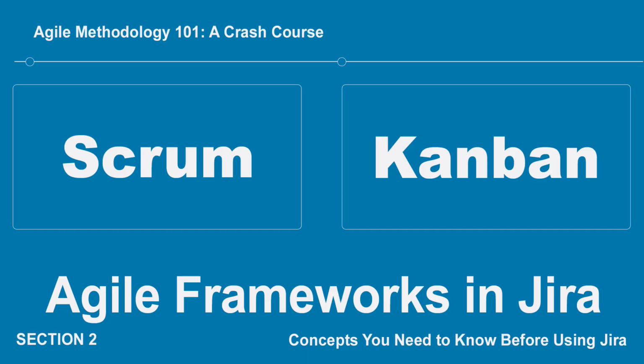Now, there are two different types of Agile boards that we'll come across in Jira, and they both look basically the same, but they function a little bit differently. They are Scrum and Kanban boards. These boards function according to the rules of the Agile method that your team is using. Typically, you'll be using either a Scrum or Kanban framework in your team, and then by extension, using that type of board in Jira. But Jira doesn't tell you what those terms mean.